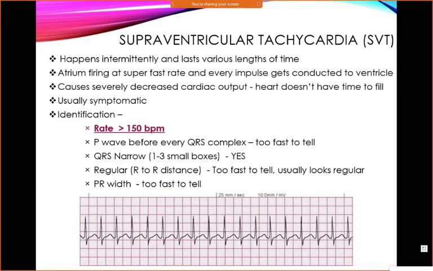It could be sinus tachycardia that got too fast, but a lot of times what you will see these named as, after they've slowed down the heart rate and they can look at the PR interval, you will see this called AFib with RVR, or a flutter with RVR. That's what they mean: they had SVT, we slowed it down, and we could see that the underlying rhythm was atrial fibrillation.